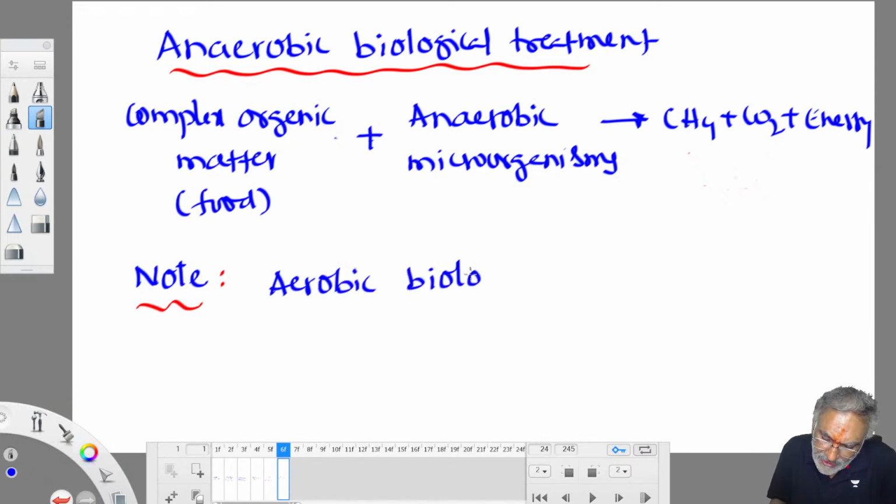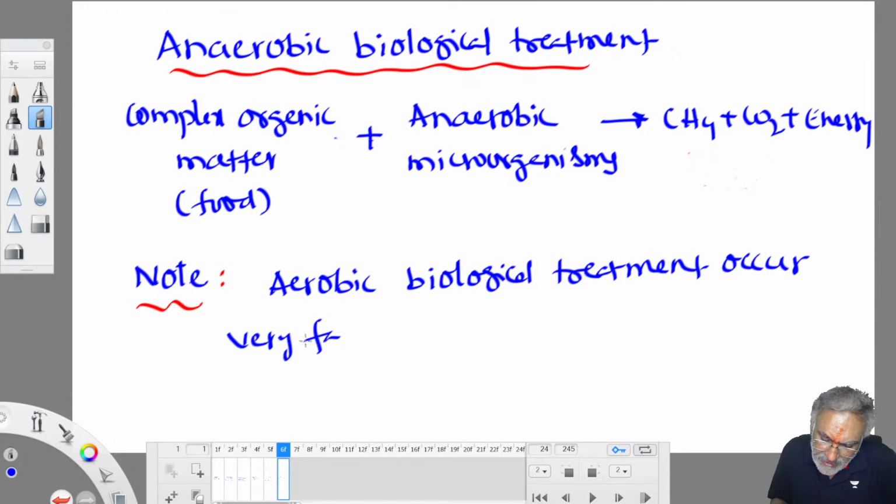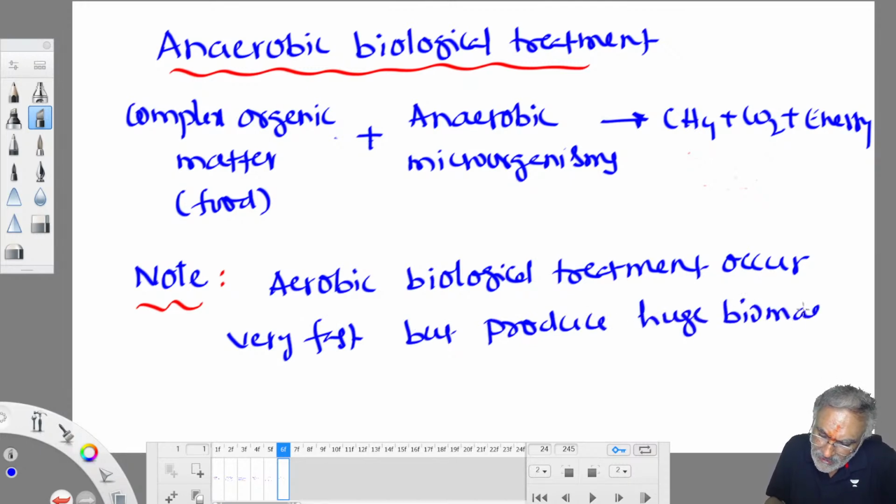Aerobic biological treatment occurs very fast but produces huge biomass in the form of sludge.